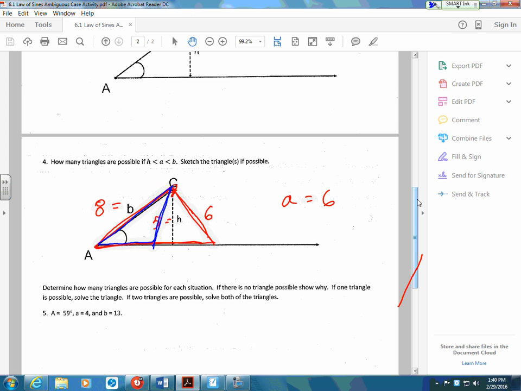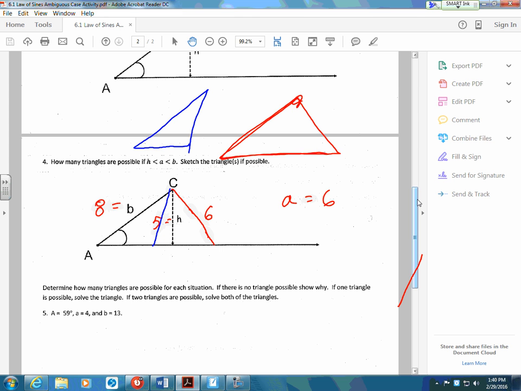So the idea here is those two triangles, this one here and this one here, have some of the exact same information. This angle is still, let's say, 30 degrees. This side here is still 8, and this side here is still 6.